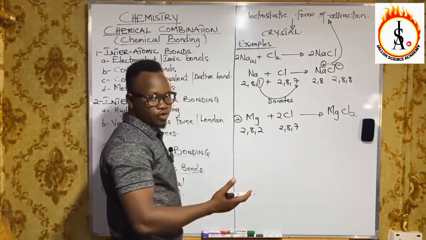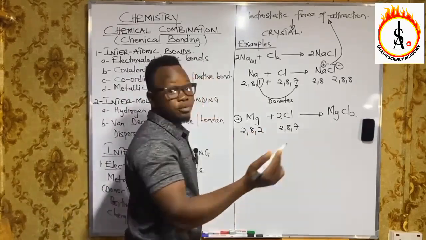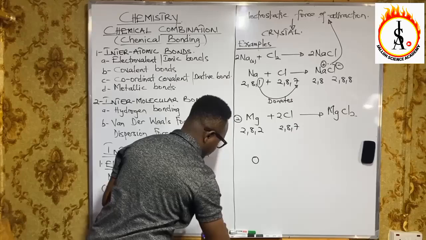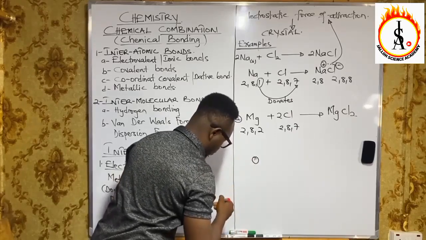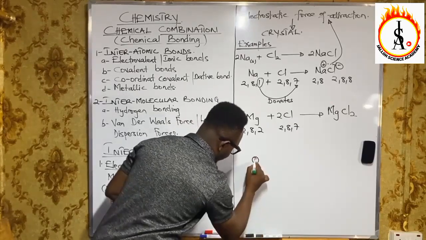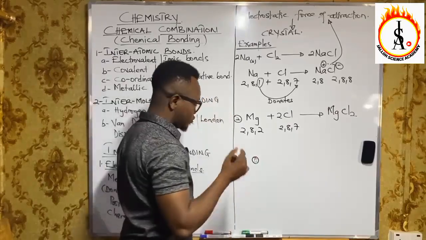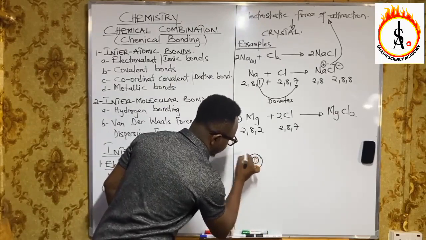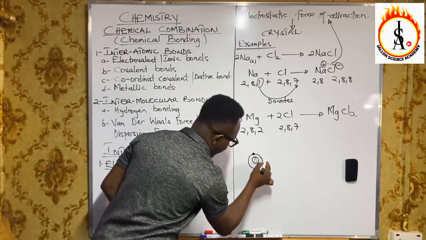If we look at the configuration using the KLMN shell format from Niels Bohr, this is the nucleus with the protons and the neutrons inside. So here you have the first shell, which takes up the 2 electrons.